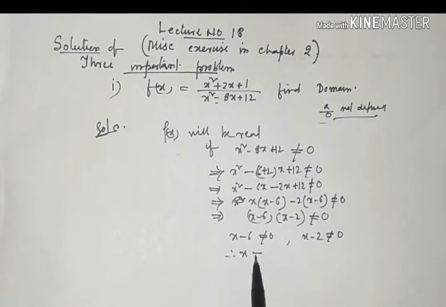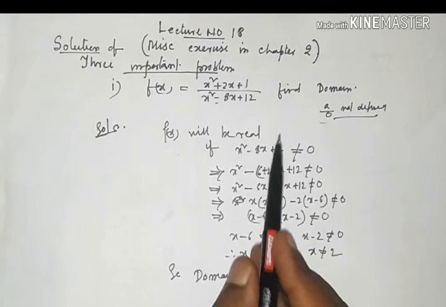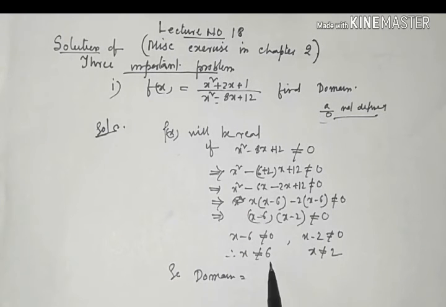Therefore x not equal to 6, x not equal to 2. So the domain is real numbers but not 2 and 6. Domain is R minus {2, 6}.